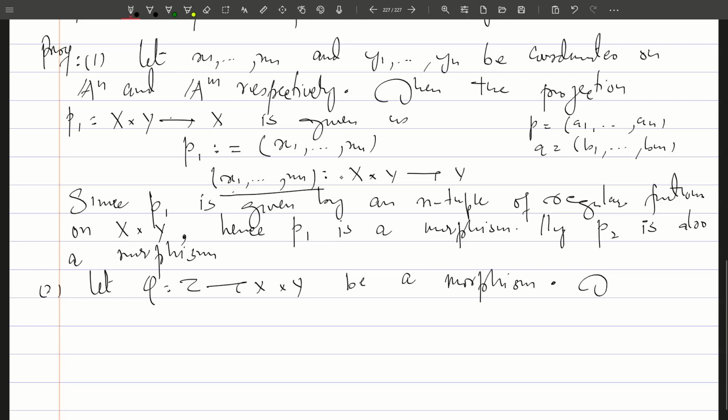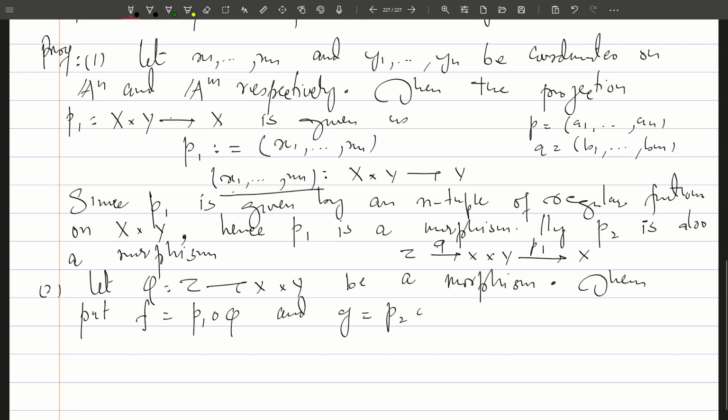Then we put f equal to p1 composite phi. First we have the morphism phi from Z to X cross Y. Then we have p1, a morphism from X cross Y to X. So we get a map from Z to X. So put f equal to this, and g equal to p2 composite phi.